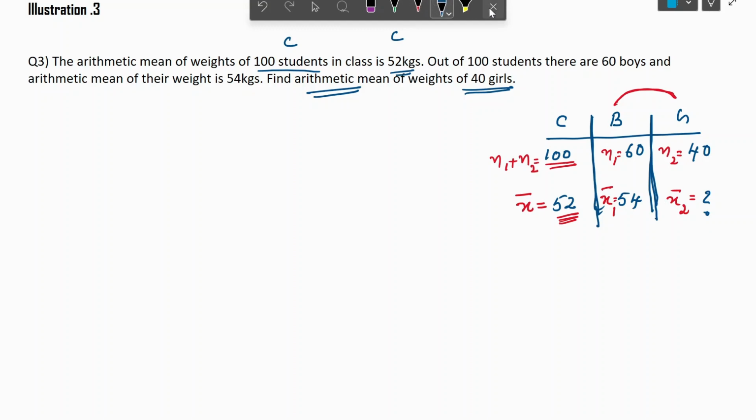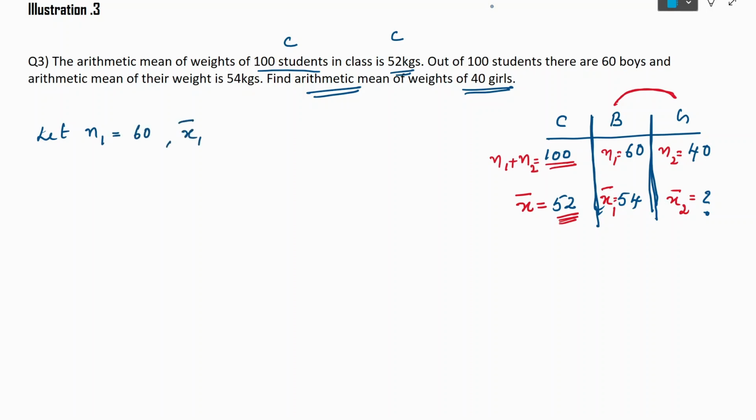Therefore, here I'm writing, let N1 equal to boys, that is 60, and x1 bar is equal to 54, N2 equal to 40, N1 plus N2 is equal to 100, and x bar is given, that is 52. Now, what do you want to find? You want to find your x2 bar.